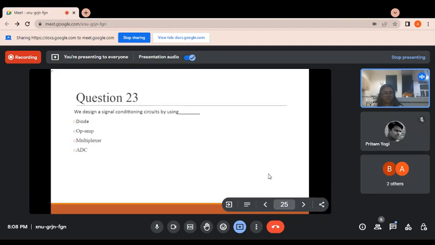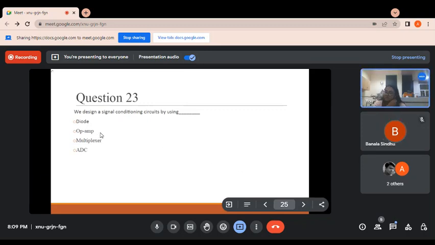And also, have you understood the previous question? Banala Sindhu? ADC, ma'am. No. The right option is the op-amp.